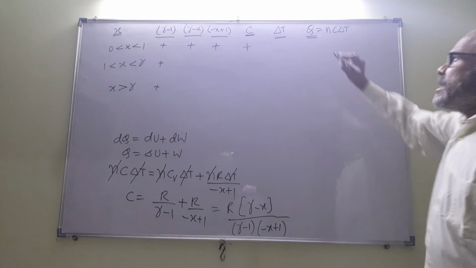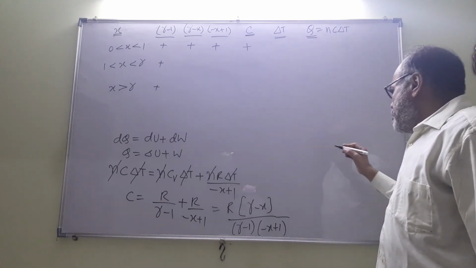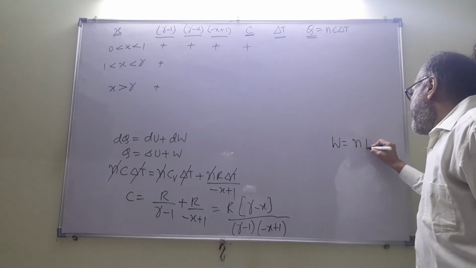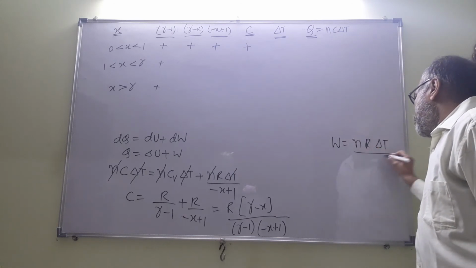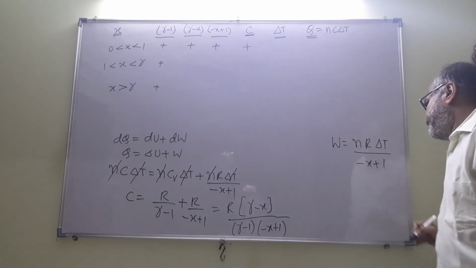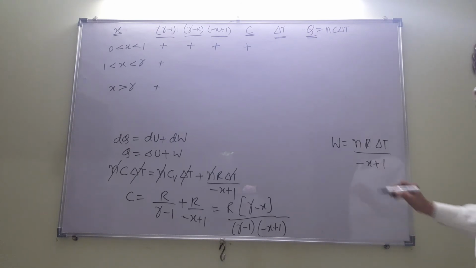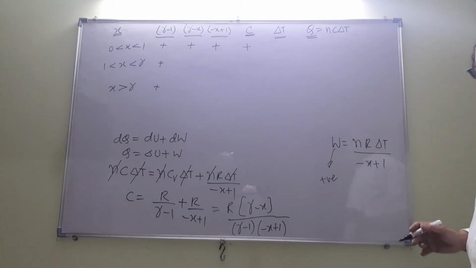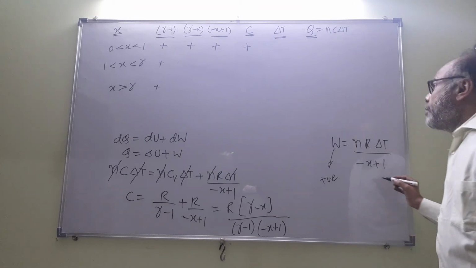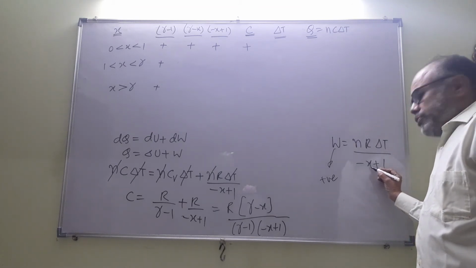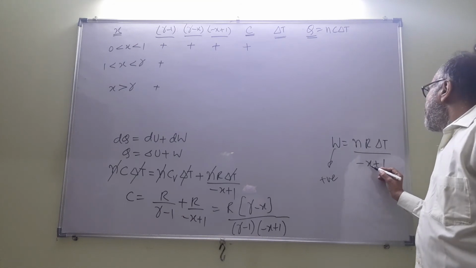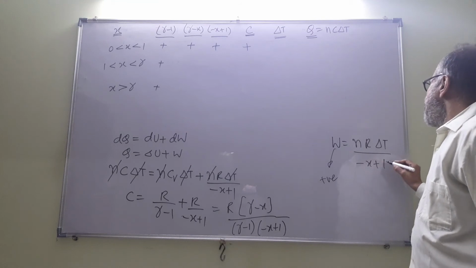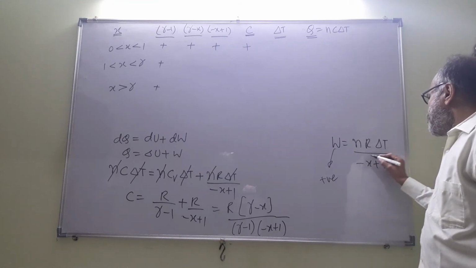Now for the sign of delta T, we know that the work W is nR delta T by minus x plus 1. We are assuming that the work is positive, yes, the gas is expanding. Now if x is between 0 and 1, this quantity will be positive.